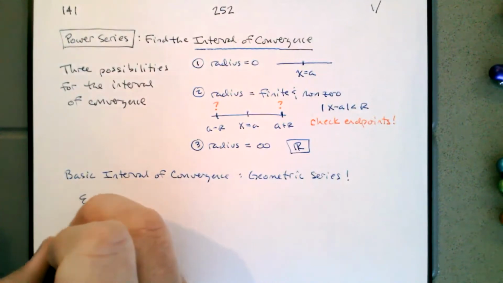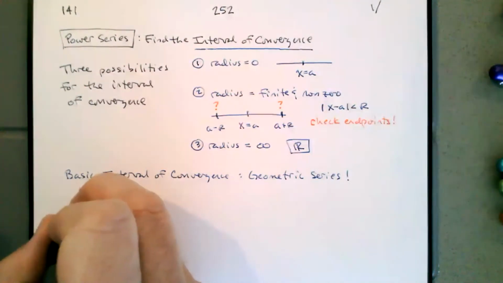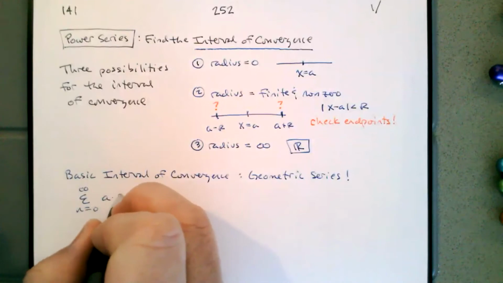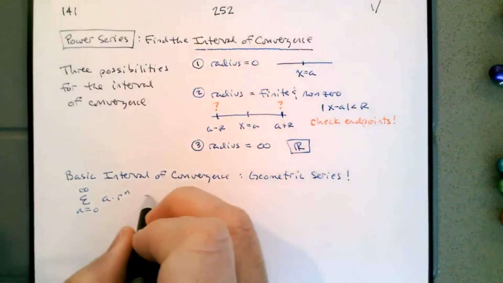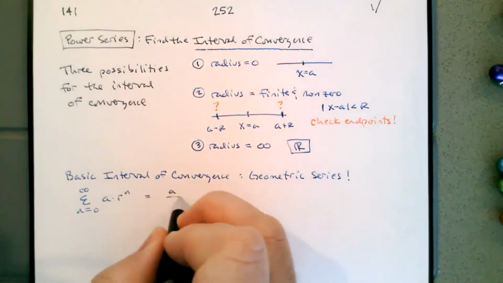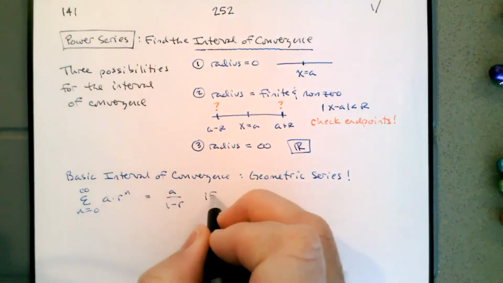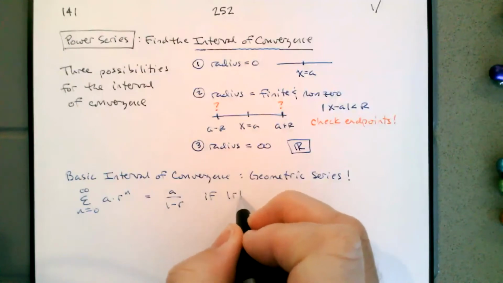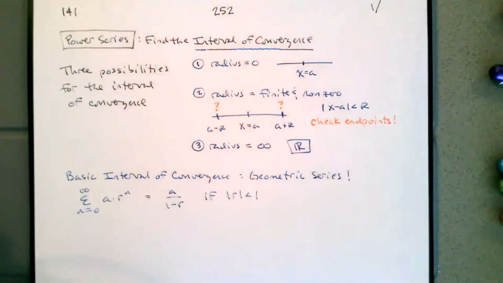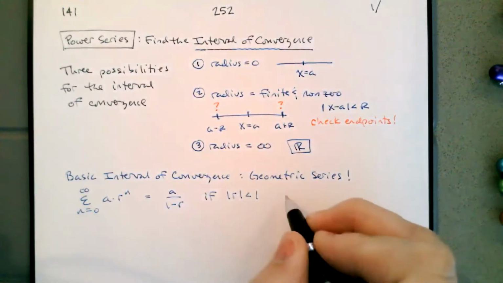Remember that the series, as n goes from 0 to infinity, of a times r to the n, we actually know the sum of a geometric series. It's a over 1 minus r. But this is if the absolute value of r is less than 1, and diverges otherwise.